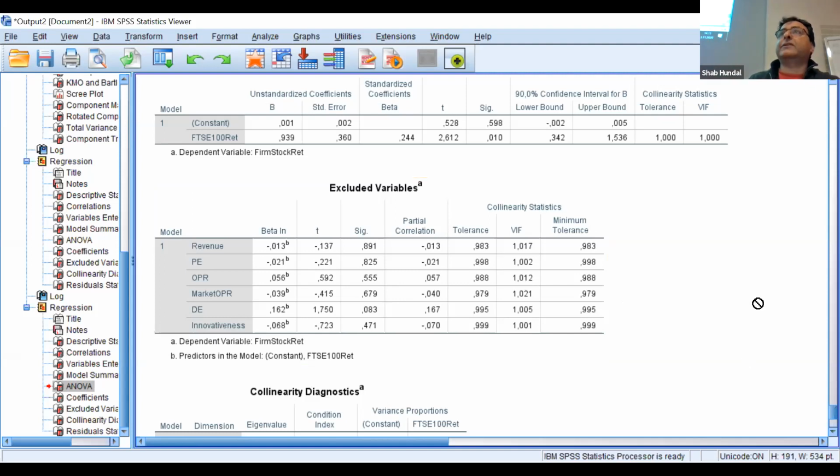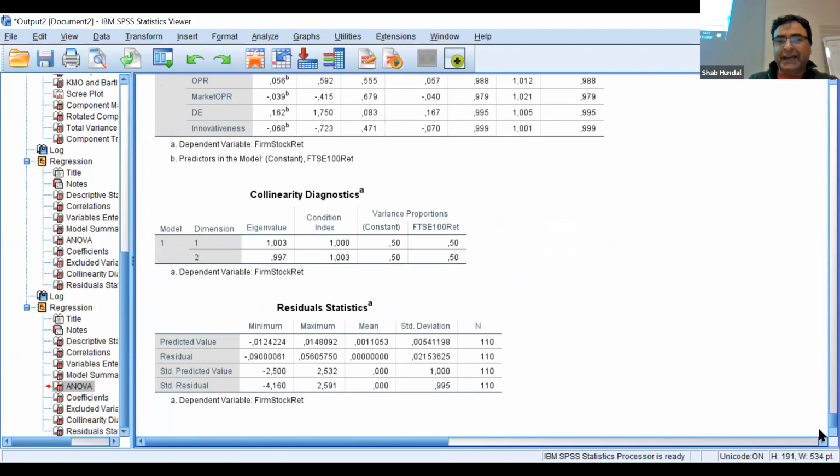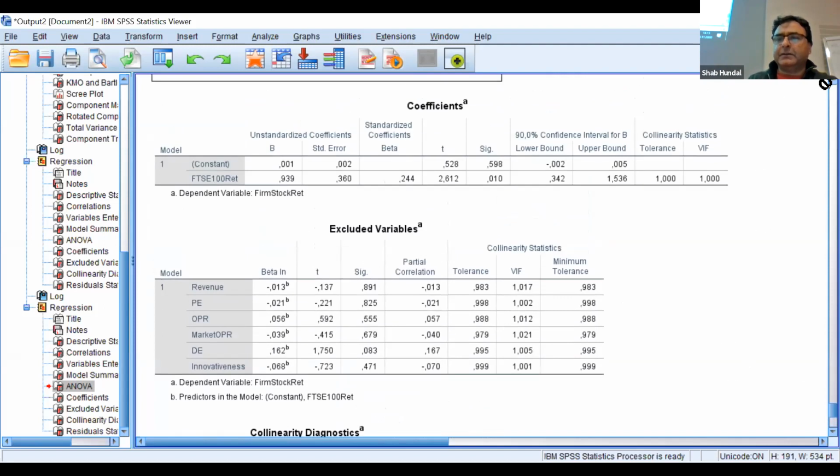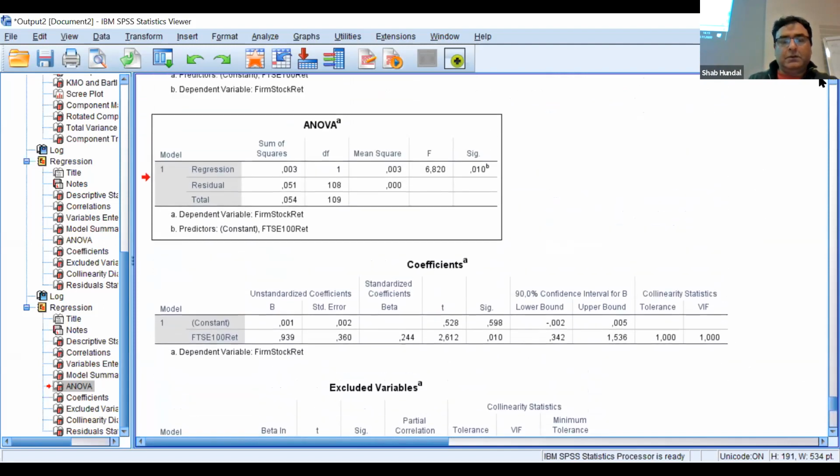So out of 6 or 7 variables we chose, there are 2 variables which have a strong impact on the company's stock return. And I don't think you need to see anything else in this output. Just do as much as I said. That's enough. So this is how we perform the multivariate regression analysis in SPSS.